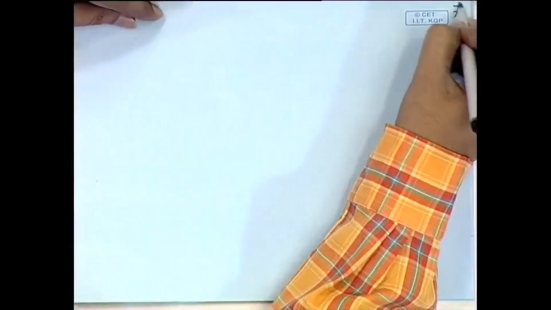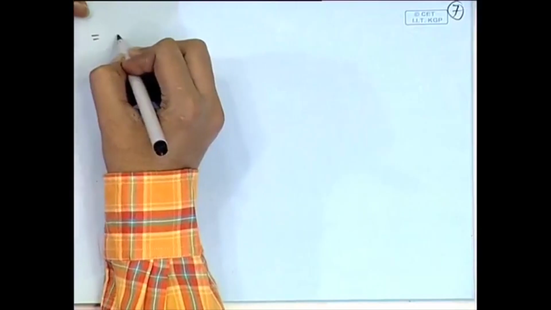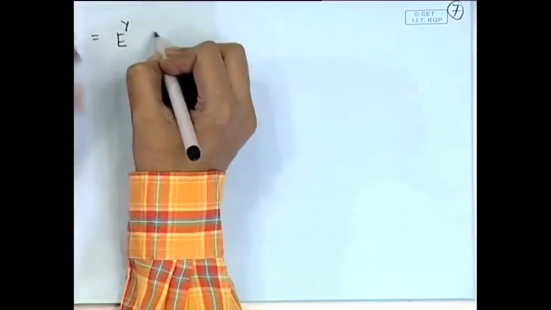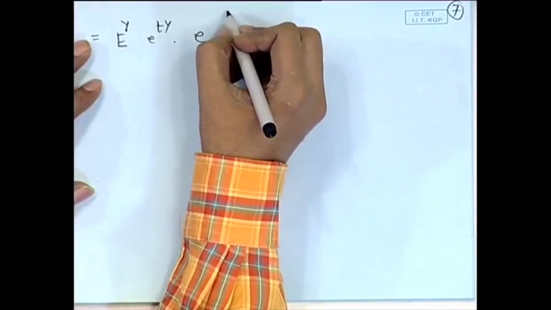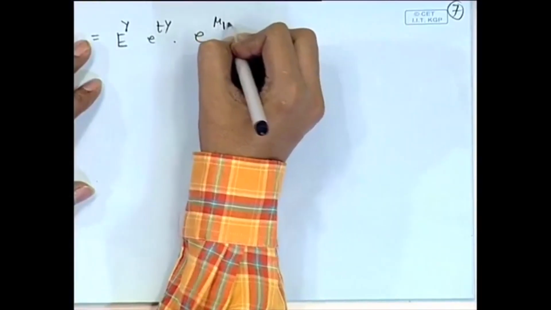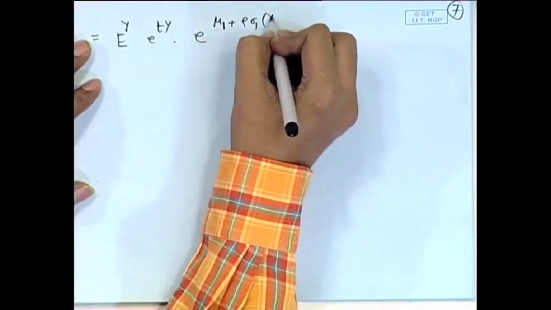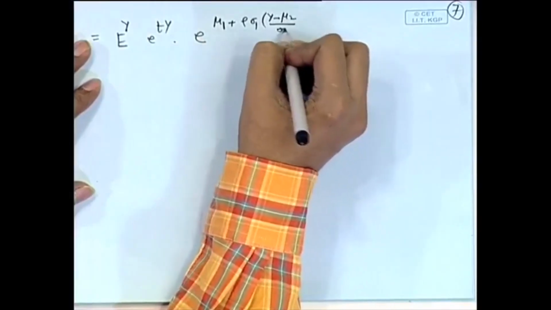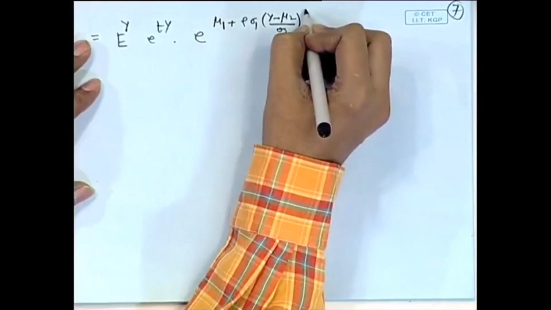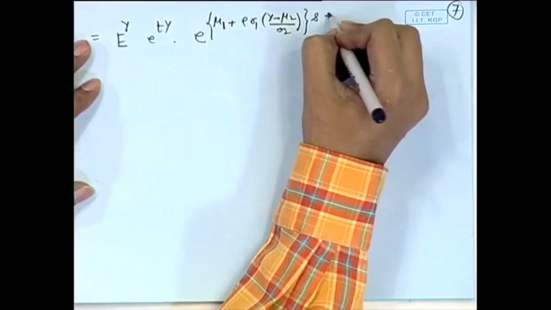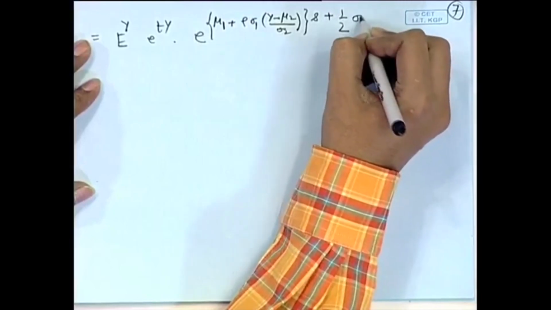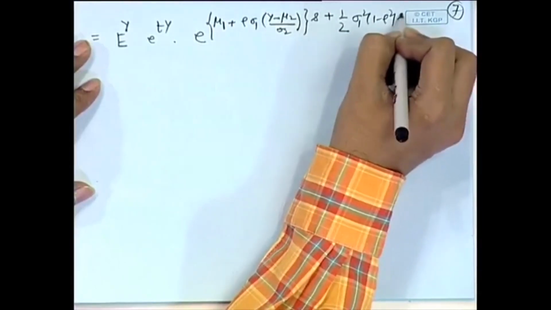So, this can be expressed as the expectation over Y of e to the power tY into e to the power [(mu 1 plus rho sigma 1 (y minus mu 2) by sigma 2) into s plus half sigma 1 square (1 minus rho square) s square].